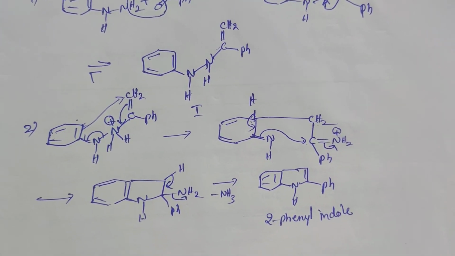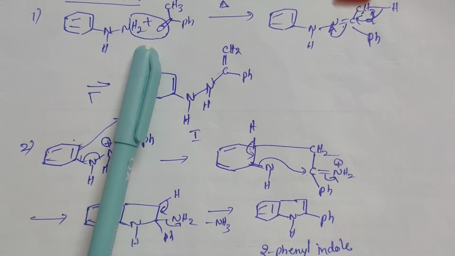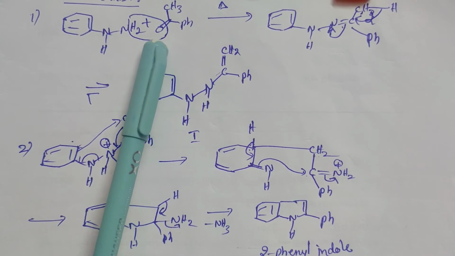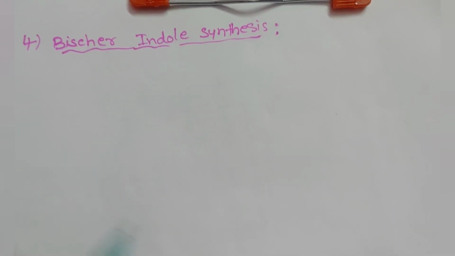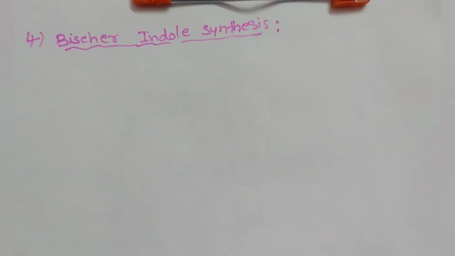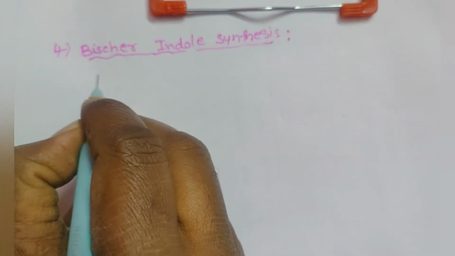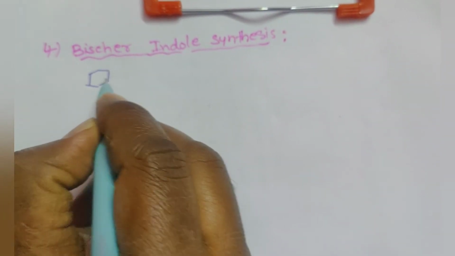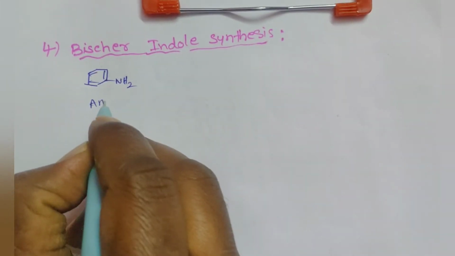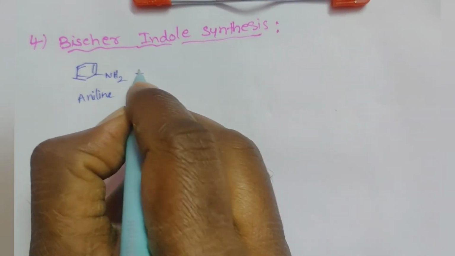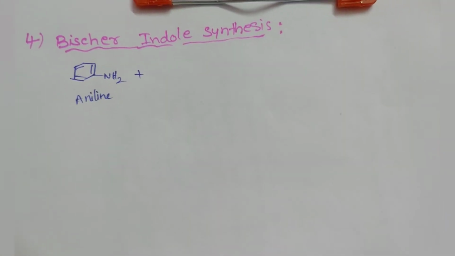In Fischer indole synthesis, starting substances are two: phenyl hydrazine and the carbonyl compound. Depending on the carbonyl compound, we get different indole derivatives. The fourth preparation method of the indole is the Bischler indole synthesis. In Bischler indole synthesis, we use two starting substances. One is aniline, and the second one is the alpha halo aldehyde or ketone.